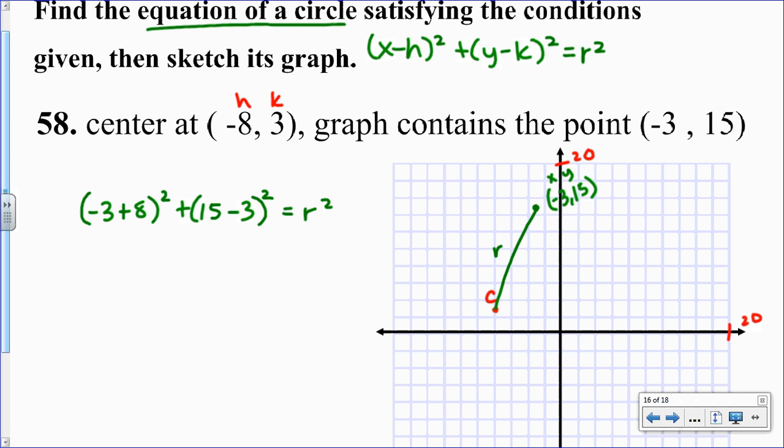You can type that in your calculator. Is it 169? Okay. And then we're square rooting. Technically when you're square rooting here, it's plus or minus, but since it's a length, a distance, we only want the positive. So my radius is 13.